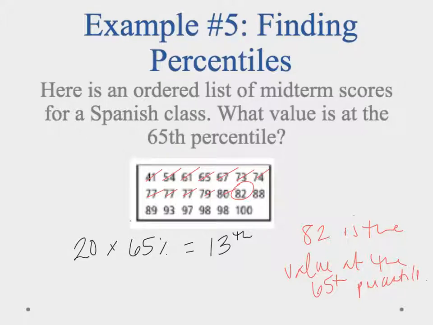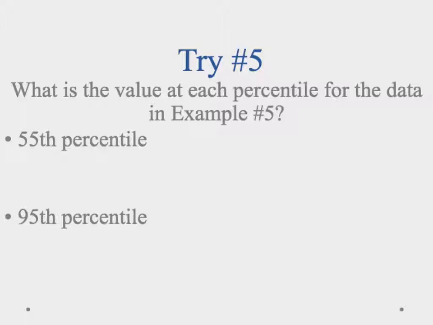All right, let's try the next one. All right, so again, we're using those same values, and it wants us to find the 55th percentile and the 95th percentile. So what I'm going to do is write out these values so that we don't have to keep going back and forth. So those are here.